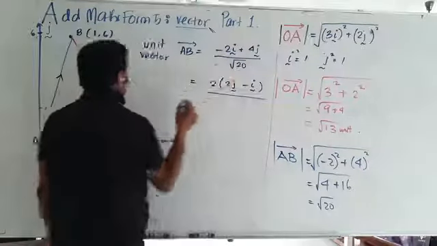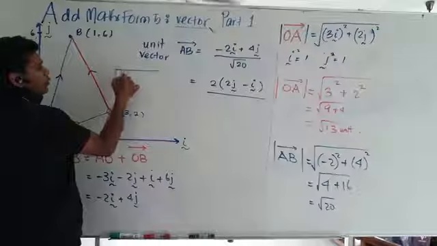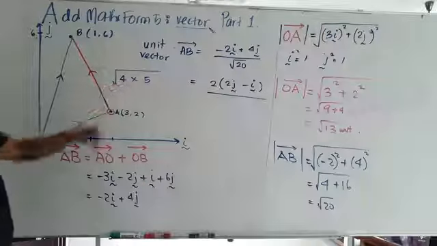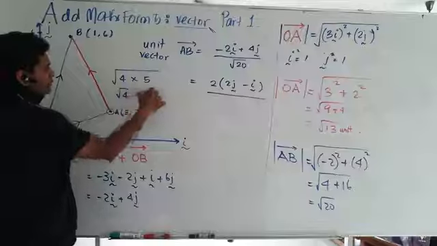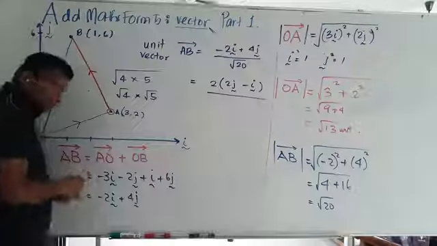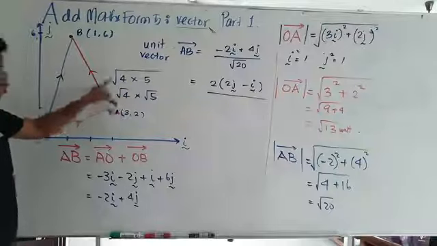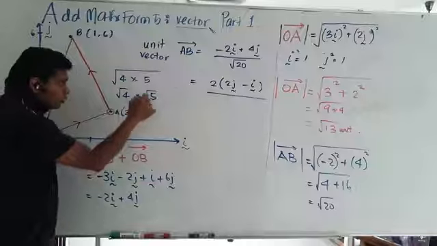Now, square root 20, in case you don't know what it is, take a look. This is another way of writing square root of 4 times 5. Now, square root 4, I can actually separate them like this. I hope you know this. This is basic Form 2 work. Square root 4 is 2, which means the answer is 2 times square root 5.